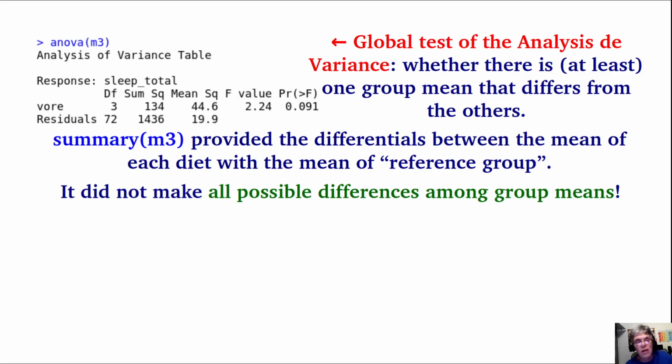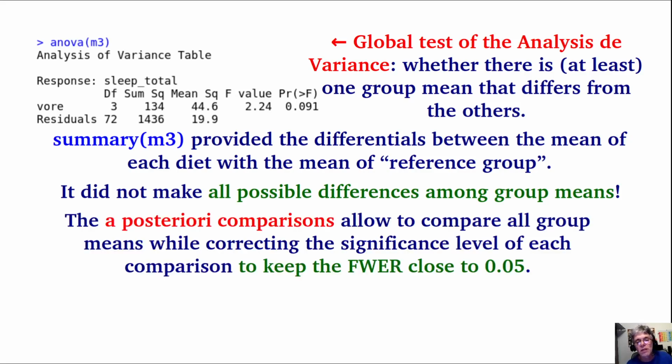In order to do that, we need to make what is called the a posteriori tests, that are explained in greater detail in the book, that allow us to compare all group means while correcting the significance level of each comparison so as to keep the family-wise error rate, that is the global error rate of the set of comparisons, as close as possible to 0.05.